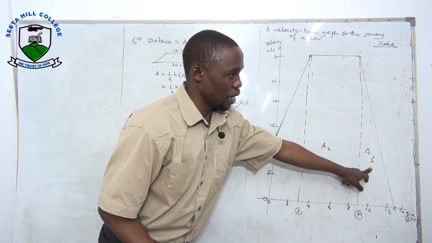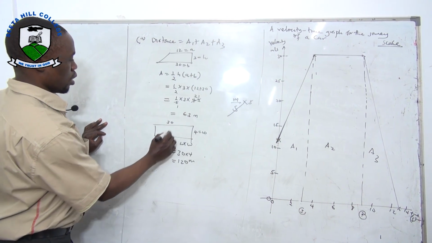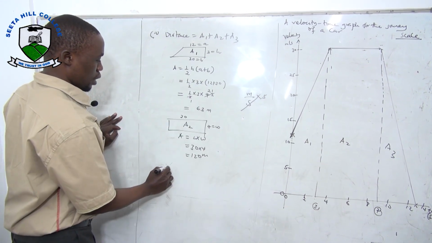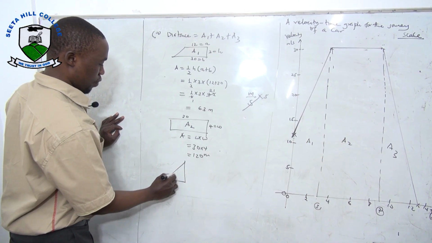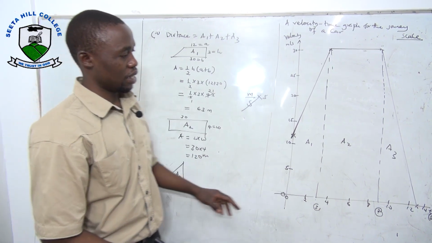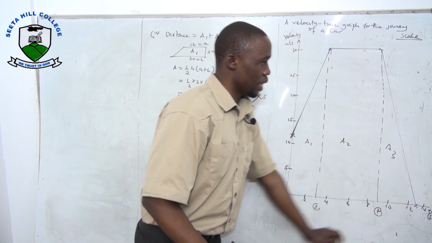The last part is a triangle. That's area 2, area 1, then area 3 is a triangle. Okay, give me the height. What's the height? What is the base?